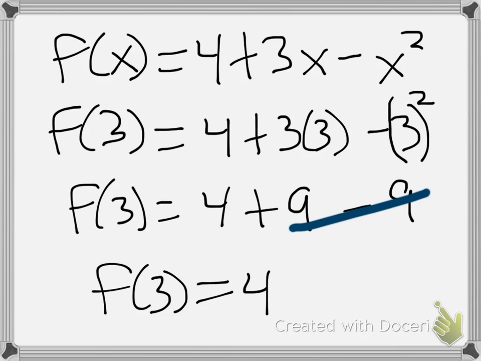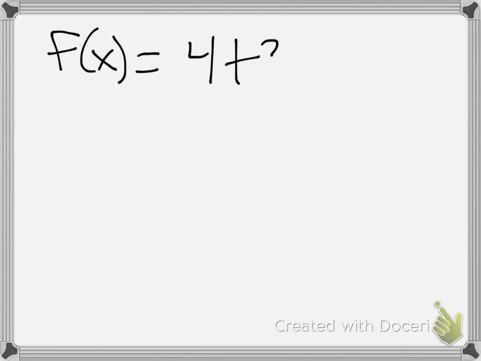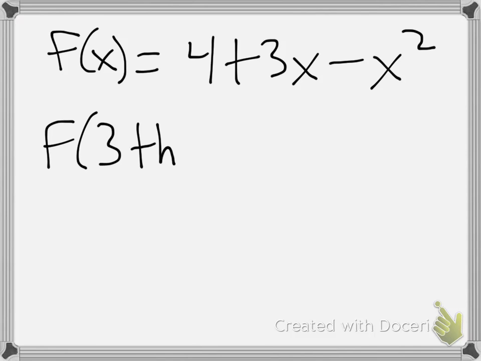Now I'm going to use the same function, and I want to figure out this other expression. So it's 4 plus 3x minus x squared, but this time I'm trying to figure out f of 3 plus h.